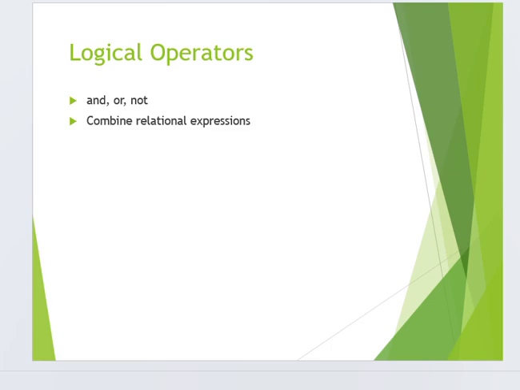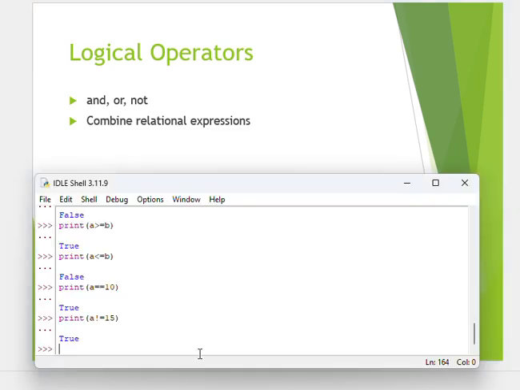Let me show some examples here also. So print, let's take A greater than B and A greater than C. It is giving you true because the value of A is 10, the value of B is 5 and the value of C is 3.